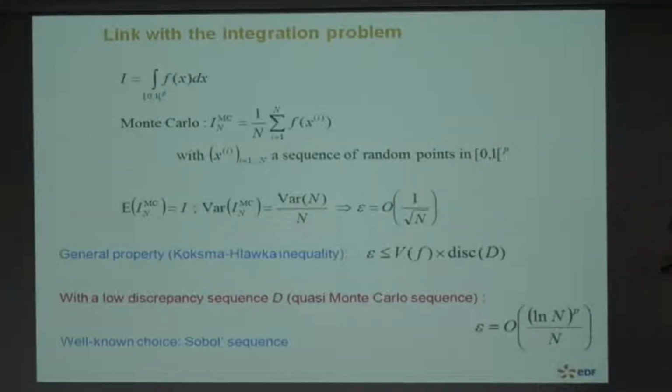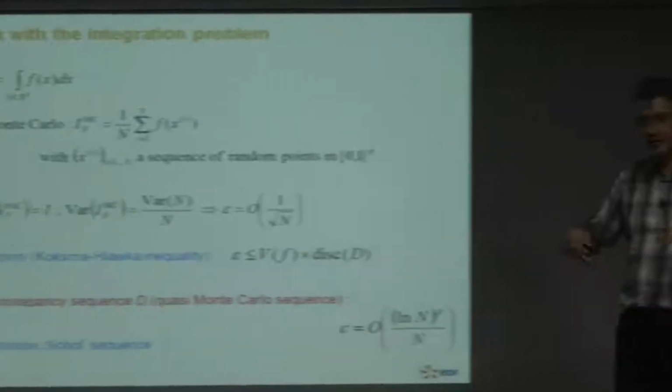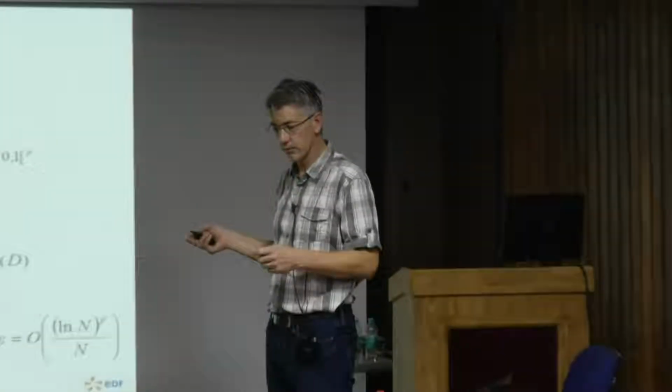We will have this same kind of thing now with a low discrepancy sequence instead of a Monte Carlo sequence. This is why the discrepancy is well known. This is for considering integration problems, and it will increase the speed of convergence of Monte Carlo. So in integration, a low discrepancy sequence can be easily used to perform an integration problem.